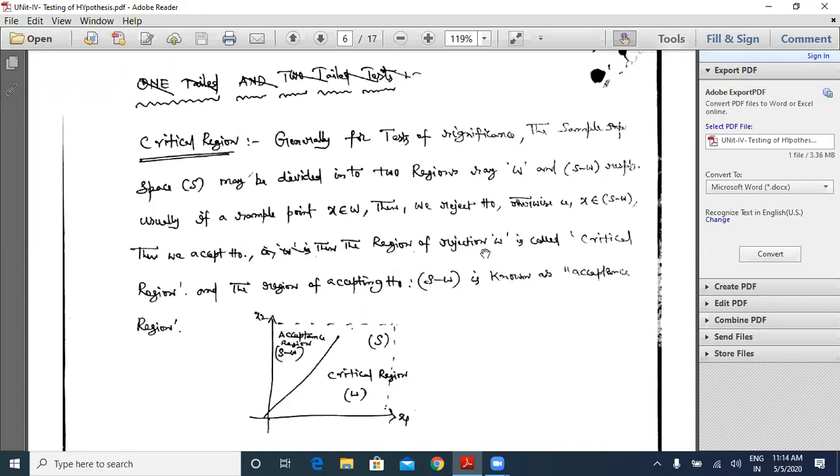This region of rejection, omega, is called the critical region, and the region of acceptance, S minus omega, is called the acceptance region. If any point falls in omega, we reject H0; if any point falls in S minus omega, we accept H0.